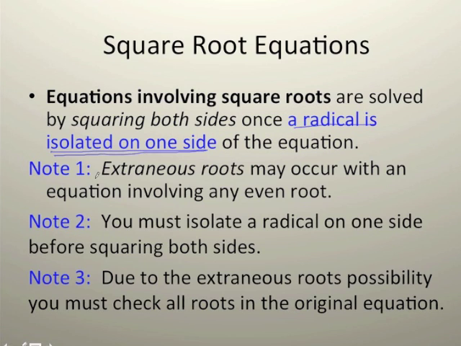Extraneous roots may occur with an equation involving any even root. You must isolate a radical on one side before squaring both sides. And due to the extraneous roots possibility, you must check all the roots in the original equation.